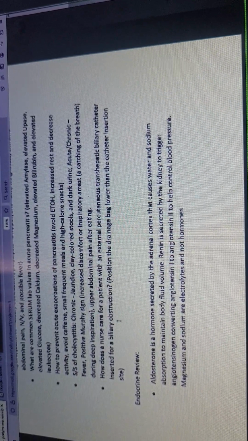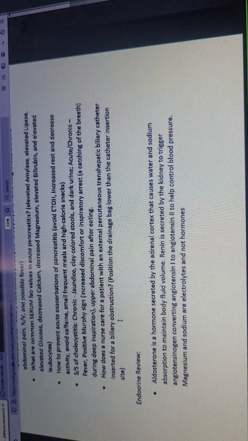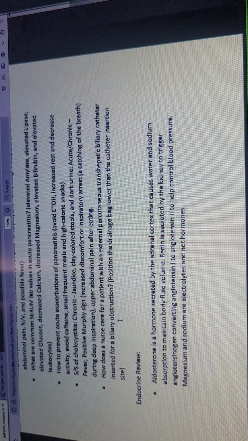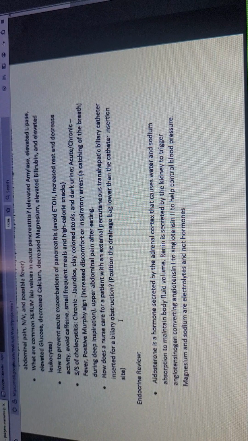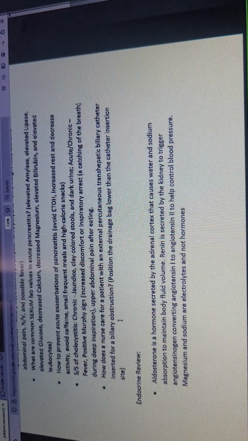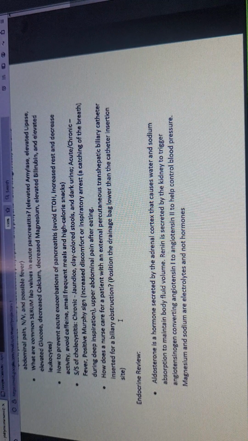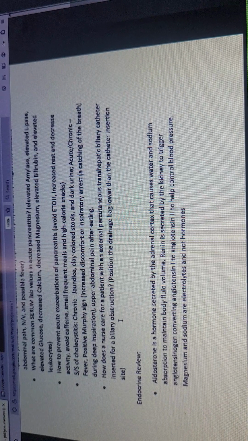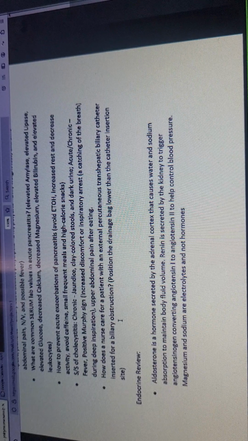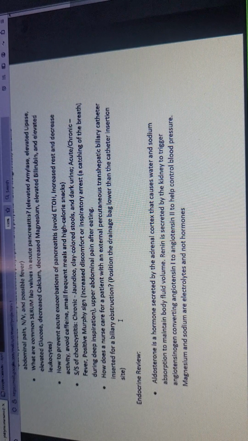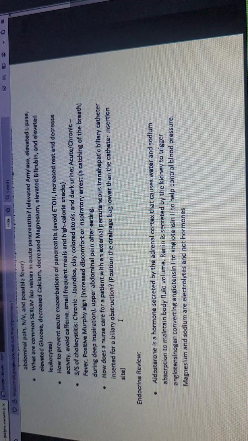Renin is secreted by the kidney to trigger angiotensin converting enzyme, which converts angiotensin 1 to angiotensin 2, and thusly helps control that blood pressure by osmotic pressure. And lastly, magnesium and sodium are electrolytes and they're not hormones. Sometimes people get them confused.